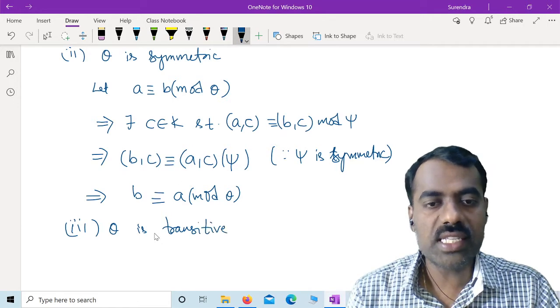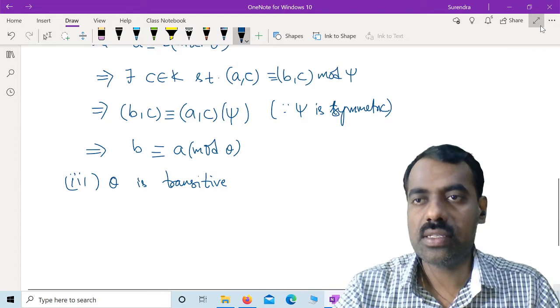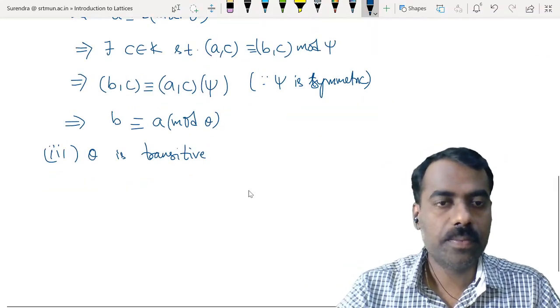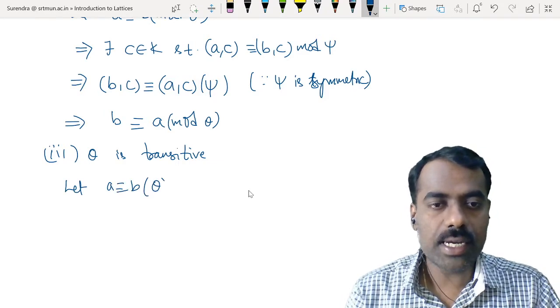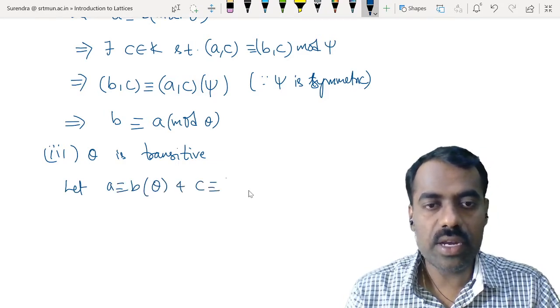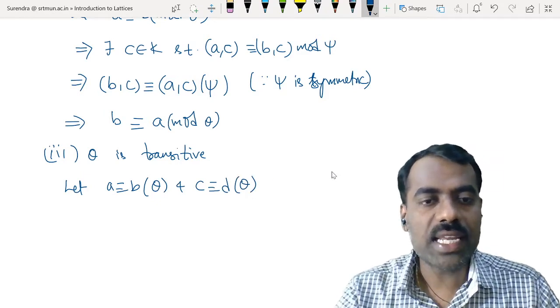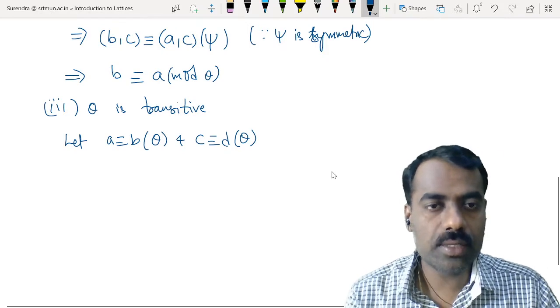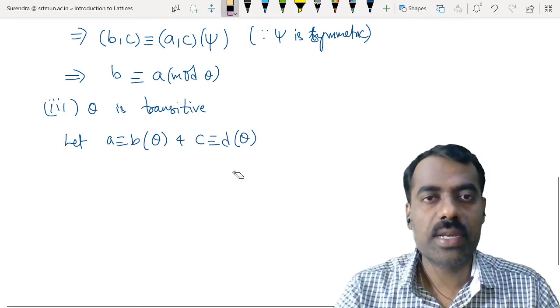So to show theta is transitive, we want to start with, okay, let me take this full screen. To show theta is transitive, let A be congruent to B modulo theta and C be congruent to D modulo theta. Then we want to apply transitivity.